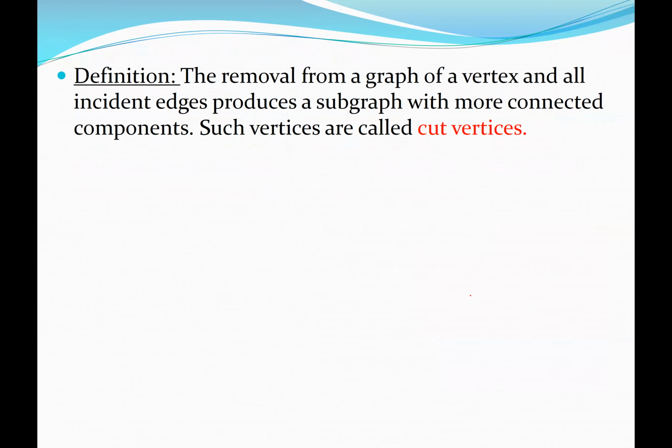Now we look at what are called cut vertices. The removal from a graph of a vertex and all incident edges that produces a subgraph with more connected components than the original one, we call that a cut vertex. And we also have what are called cut edges.